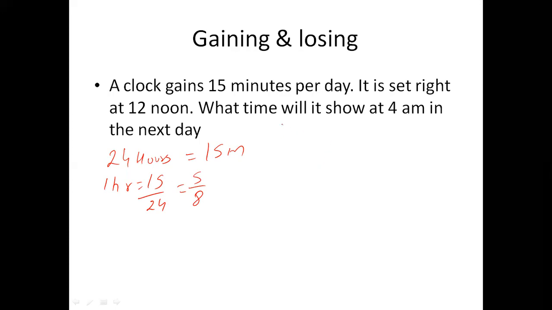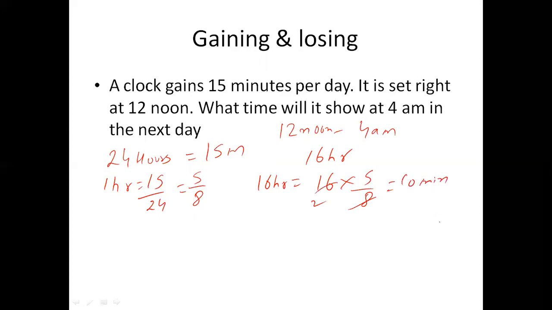From 12 noon to 4 am, how much time is it? It is nothing but 16 hours. How much does it gain in 1 hour? 5 by 8. So in 16 hours, it will gain 16 into 5 by 8, 10 minutes. Gaining 10 minutes, it will show 10 minutes more. So at 4 o'clock, it will show 10 minutes more. That means 4:10 will be the answer. This is called the gaining concept.